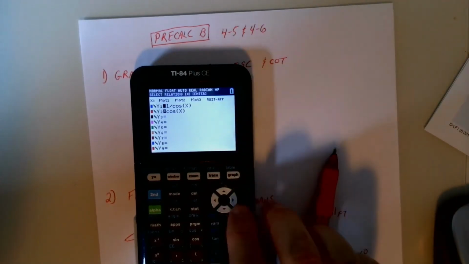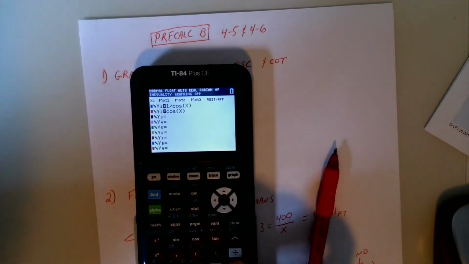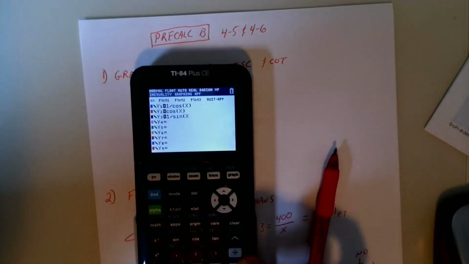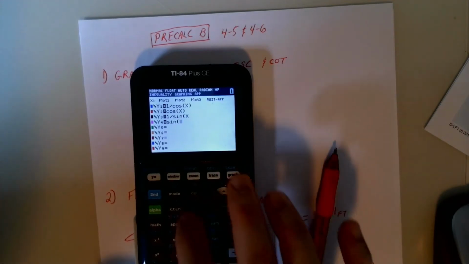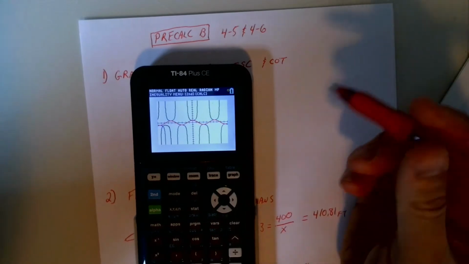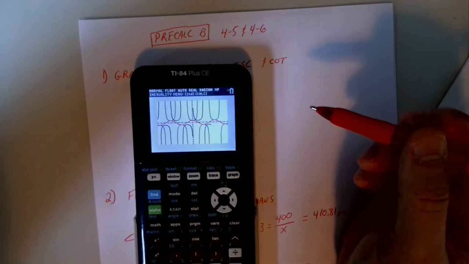The same reason why if we do this, actually let me do them right here. So let's do 1 divided by sine x, and we'll do sine x. You're going to see that these are going to look really close to being the same, except that it's shifted just a little bit.